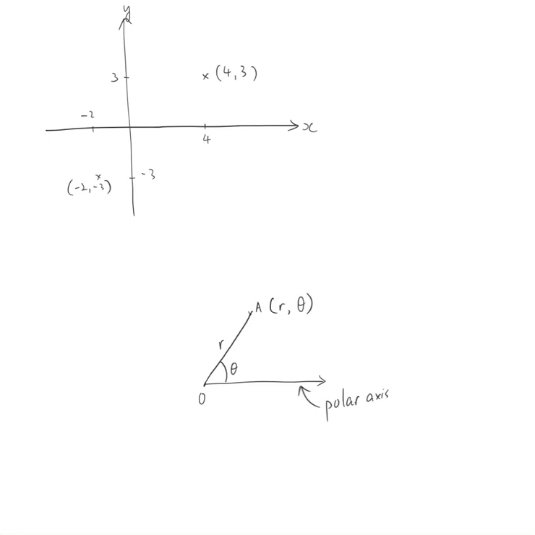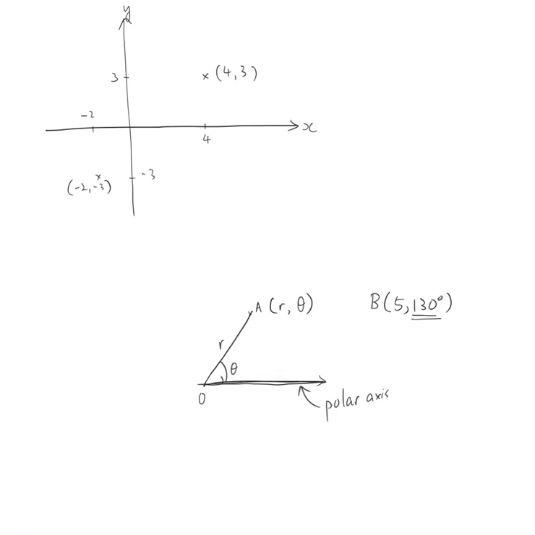Okay, so if I give you another example, I want B, and it's (5, 130). So how do I draw it on my polar axis? Again, I know the length is 5 cm, but I need to know the angle first. The angle is 130, so from the polar axis, I have to go 130 degrees.